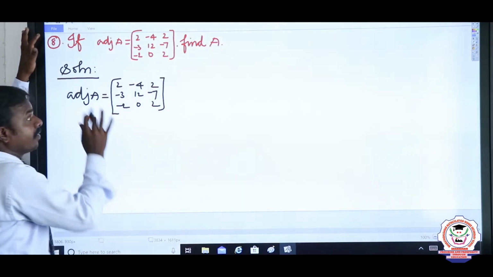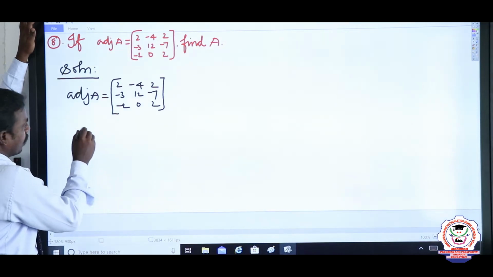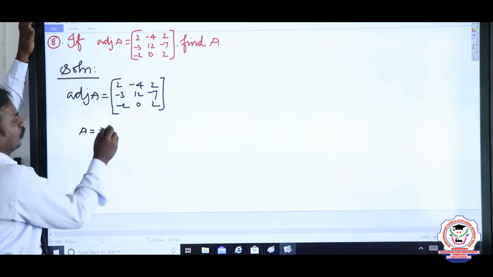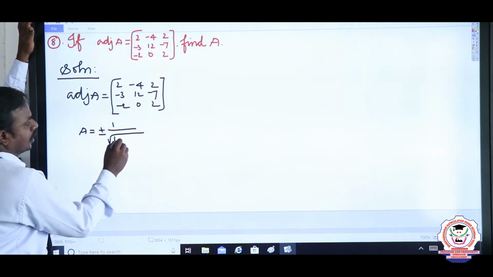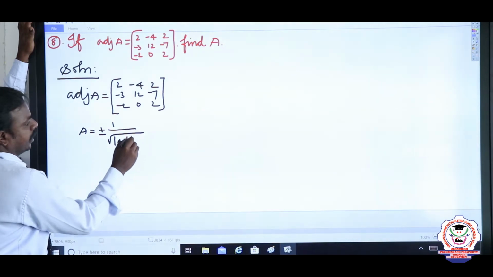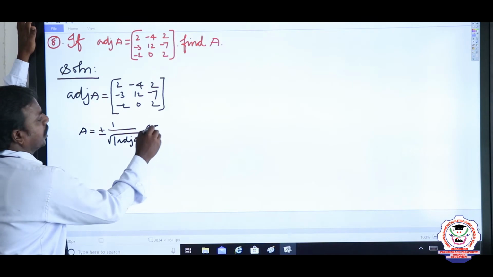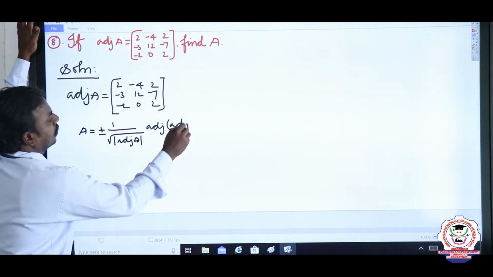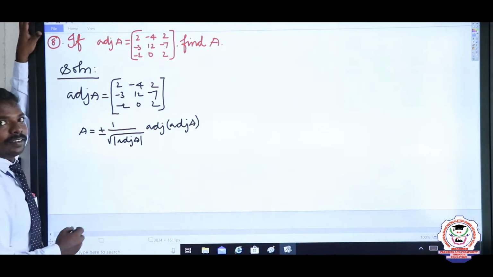If they give adjoint, then A equals plus or minus 1 by square root of determinant of adjoint A, into adjoint of adjoint A. So we need to find the adjoint once again of the given adjoint A matrix.